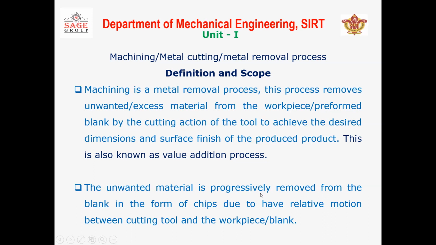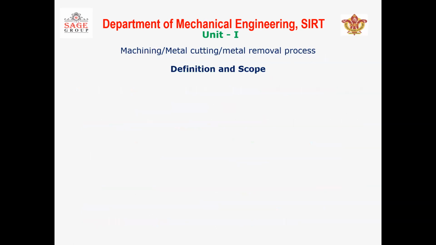The unwanted material is progressively removed from the blank in the form of chips due to the relative motion between the cutting tool and the workpiece. How is the excess material removed? It is removed in the form of chips with the help of a cutting tool that has a relative motion with respect to the workpiece.